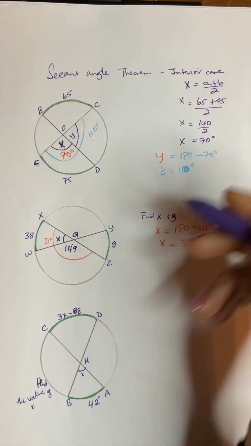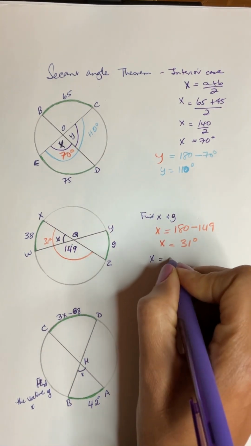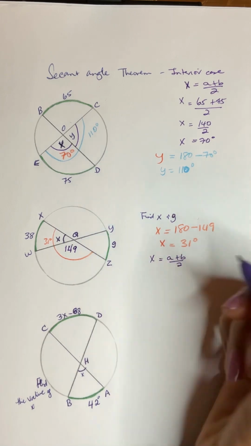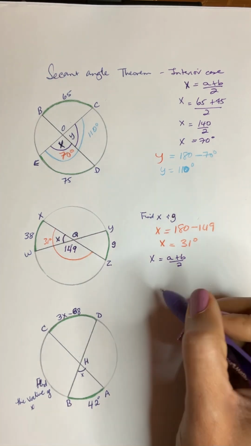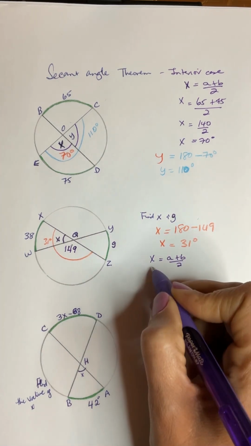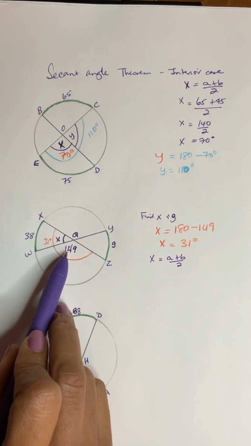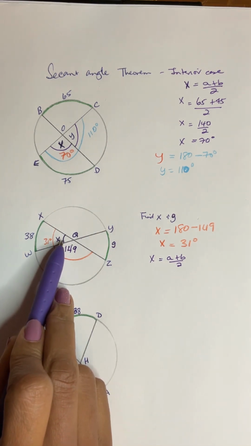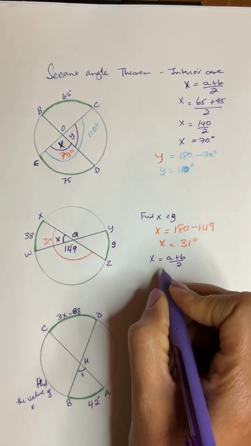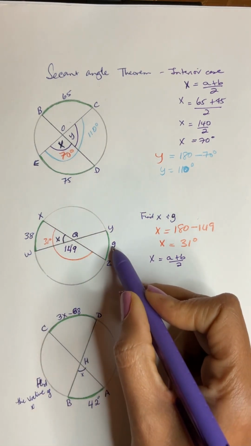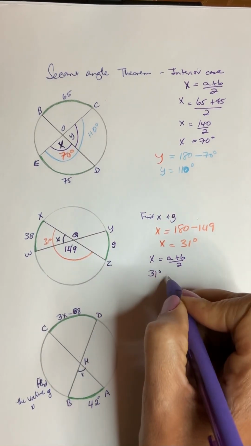In order to find G, we are going to use the formula that we have up here, X equals (a plus b) over 2. We always start out with the formula, show them what you know. Here we have X, which is 31 degrees.